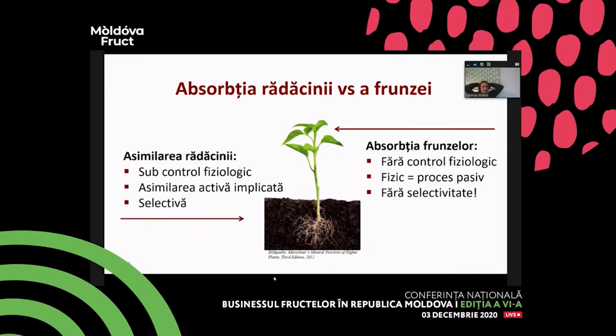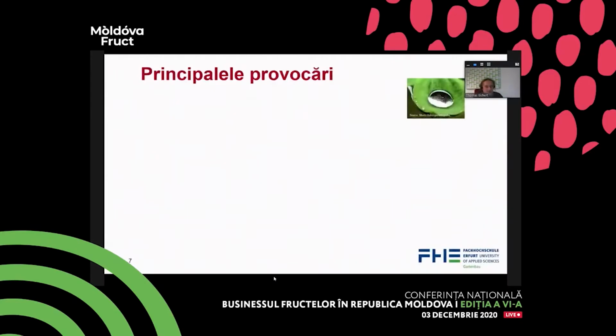It is a simple passive physical process. It is diffusion, and the leaves have no way to select which material enters in which concentrations, which is totally different to the roots.